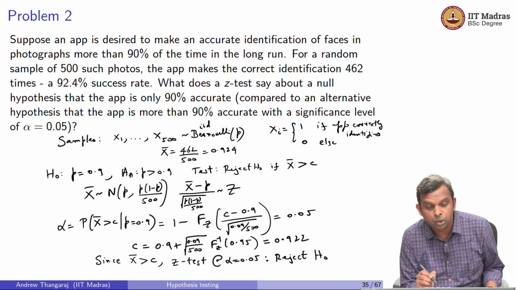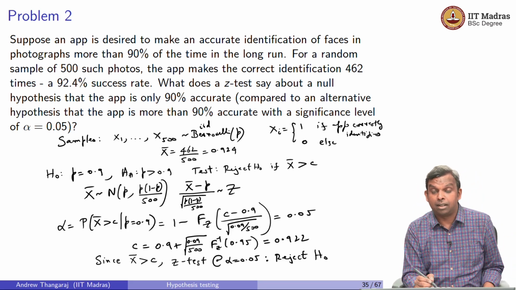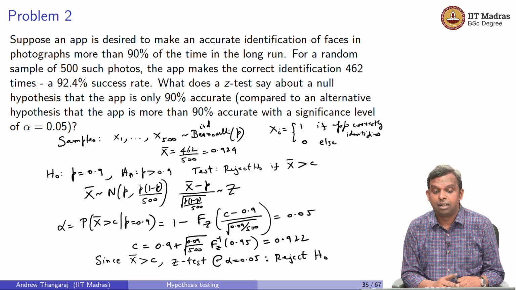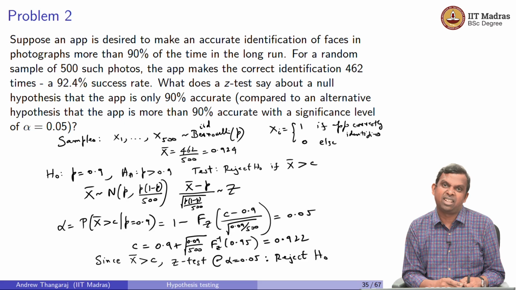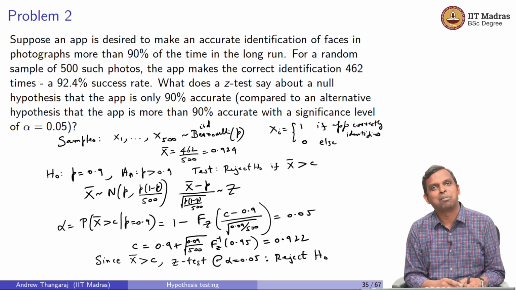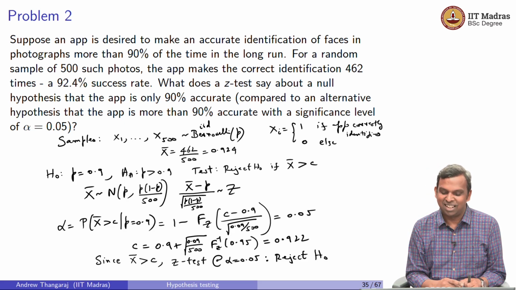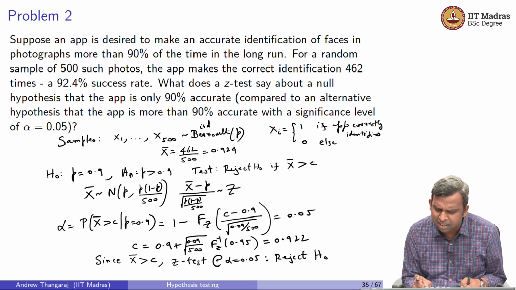So we're going to conclude that the app is in fact greater than 90% in average correct prediction. That's good news for the app, isn't it? You can say it's greater at significance level 0.05. Hope I didn't make any calculation mistakes here.